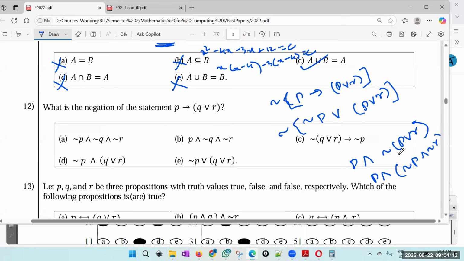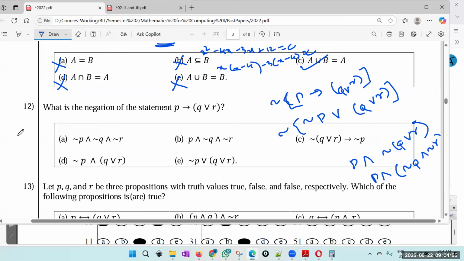Do we have that at least? Sorry, I made a mistake. This is not P, this is Q. Do we have this, P and not Q and not R?